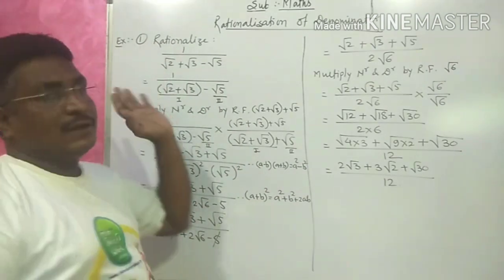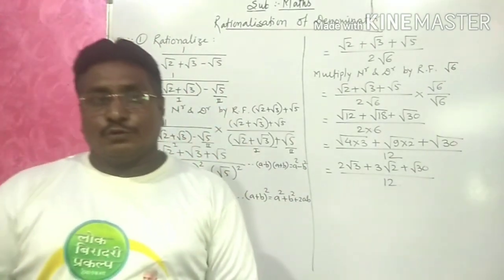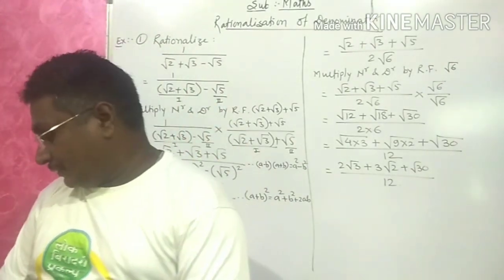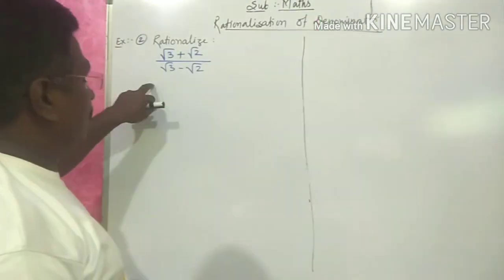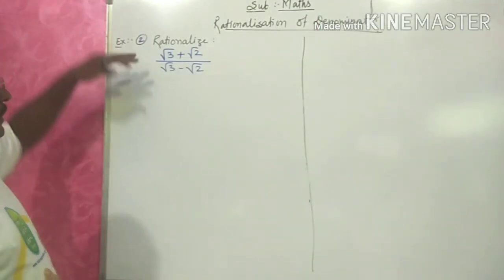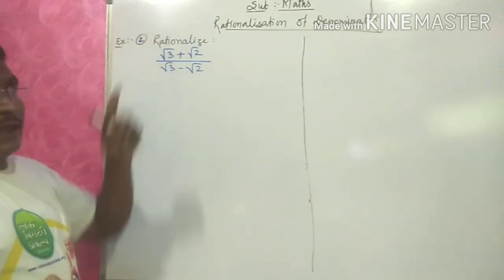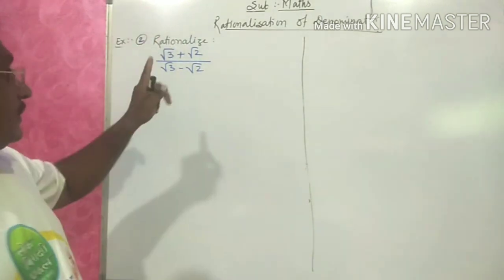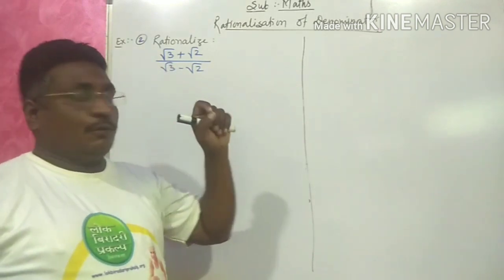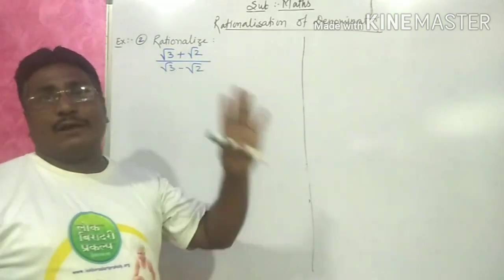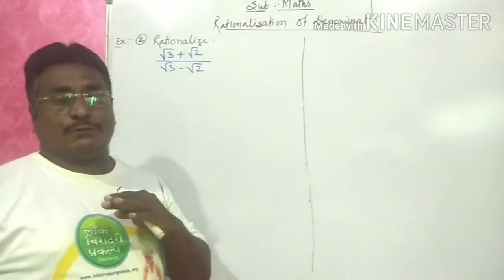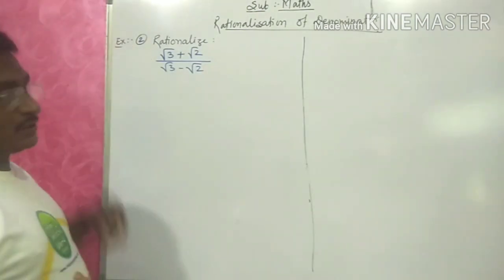So we will go on to another question. A little more complicated questions we will take. Now in the second question, in the previous question we saw the numerator having 1, but now the numerator and denominator have a binomial or trinomial, like that. So how to solve such questions?